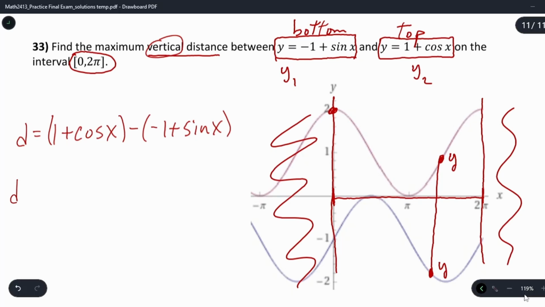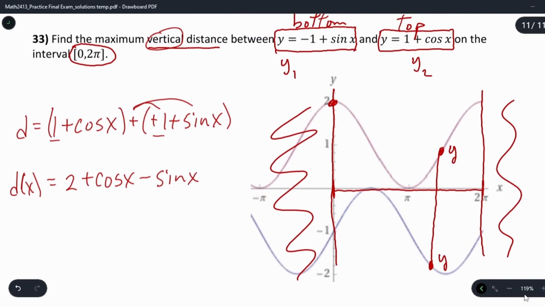And then let's simplify that and write it in function notation, okay? So the difference with respect to x, negative and a negative make a positive. See, I'm going to need to distribute this negative. 1 plus 1 is 2 plus cosine x, and then distribute the negative makes that a minus sine of x.